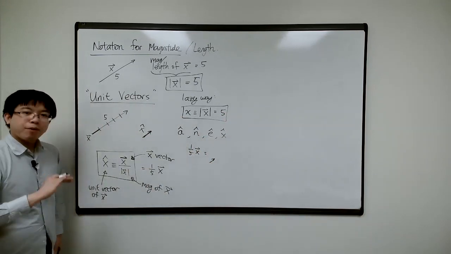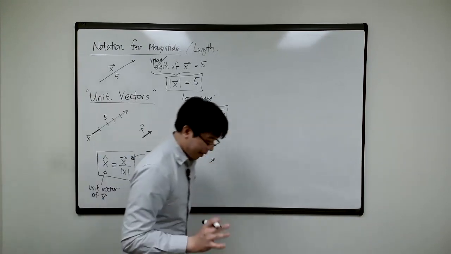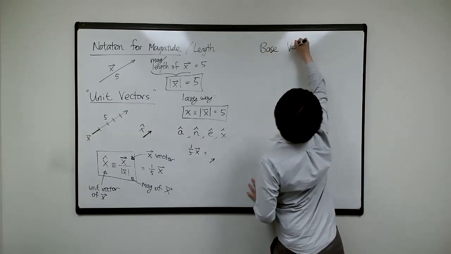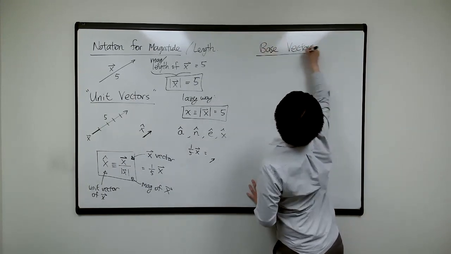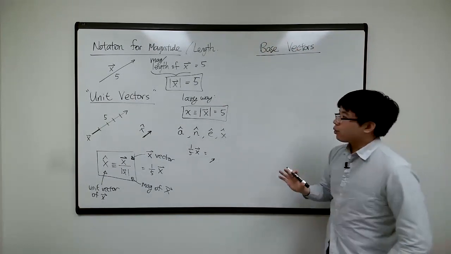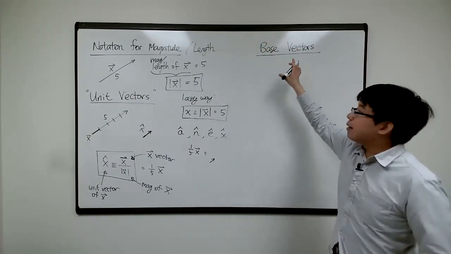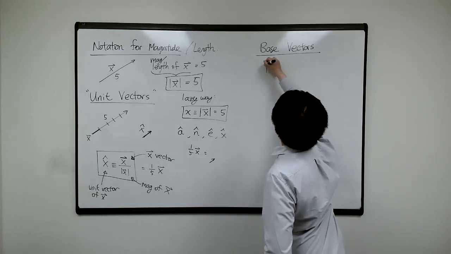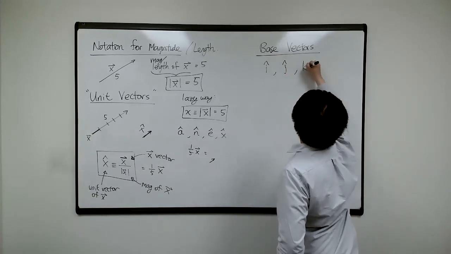And there are a couple of famous unit vectors, and they're called base vectors. Okay, so this is the last jargon you want to learn, base vectors. They're called i, j, k, right?